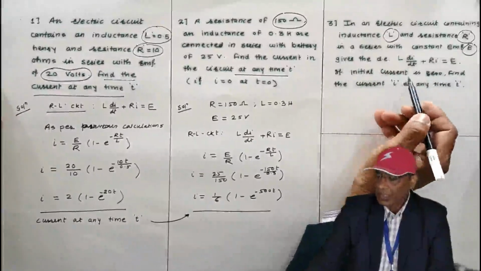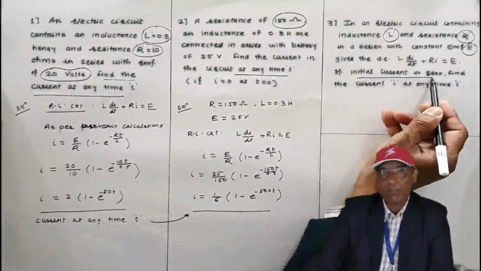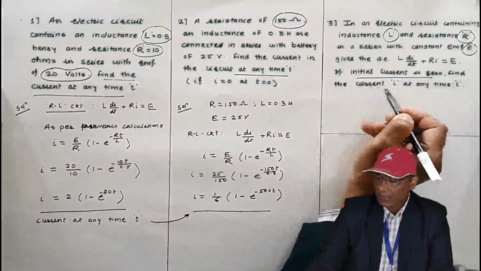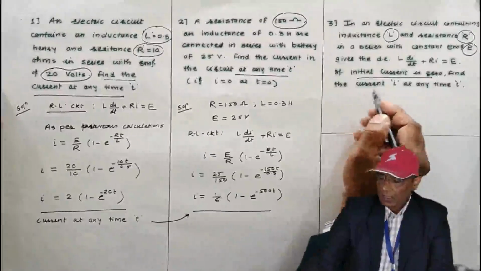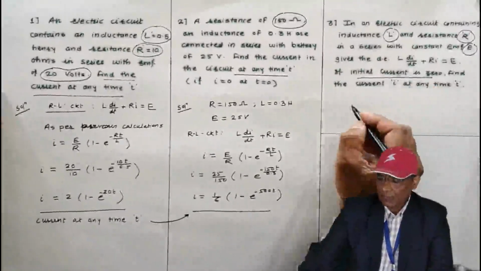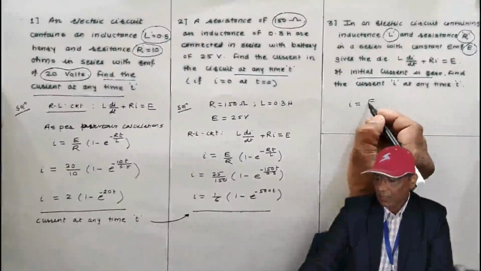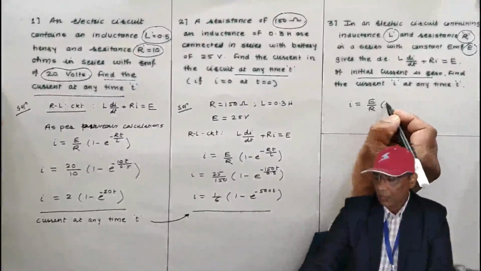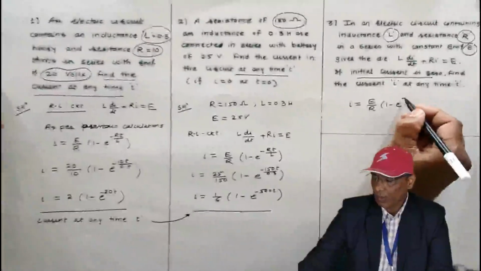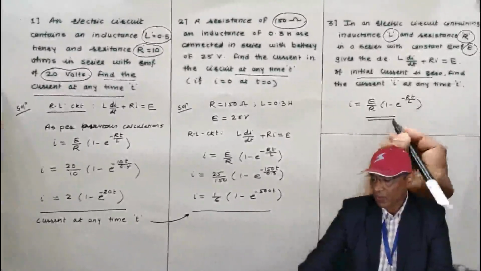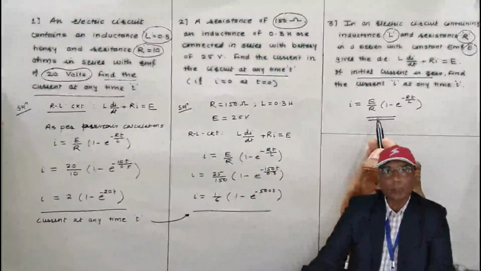If initial current is 0, that is, when I is equal to 0, t is equal to 0, find the current I at any time t. The differential equation is already given. So how do you find the current I? I is equal to E by R, 1 minus e to the power minus RT by L. This we have already proved initially in the beginning.